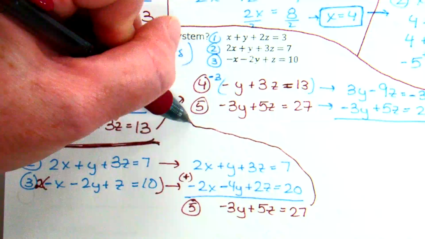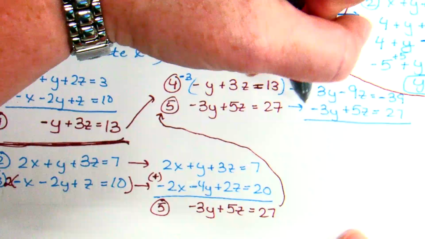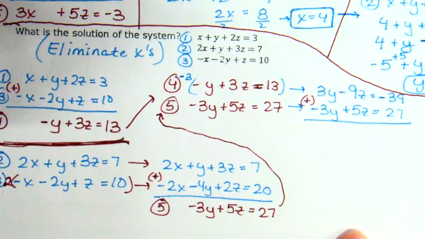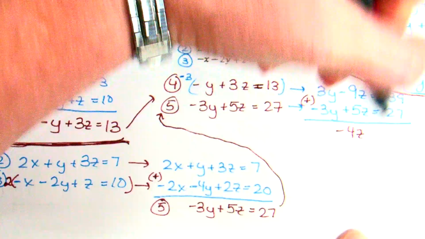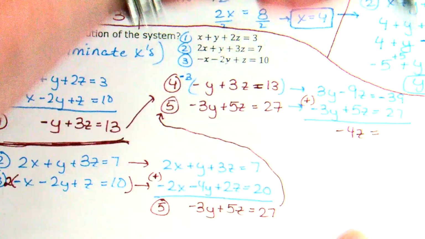You ready to add? 3y plus negative 3y, cancel. Negative 9z plus 5z, negative 4z. Equal sign. Negative 39 plus 27, negative 12.